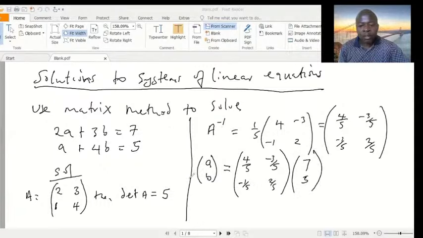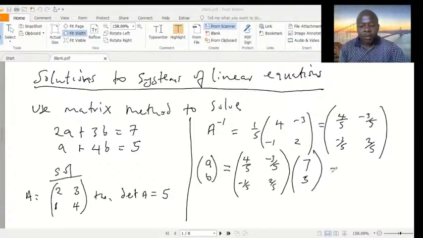So the steps are very simple. I just found the determinant, then found the inverse. And now I multiply the inverse here by this constant.